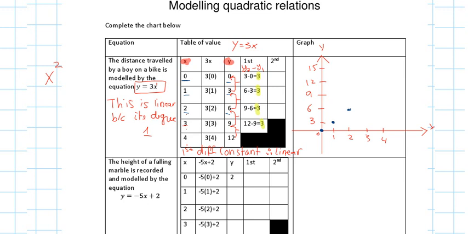Then we have 3, 9. And we have 4, 12. So what do you notice about this line? It's a straight line. They're lining up, right? I can actually draw a straight line joining all these points.